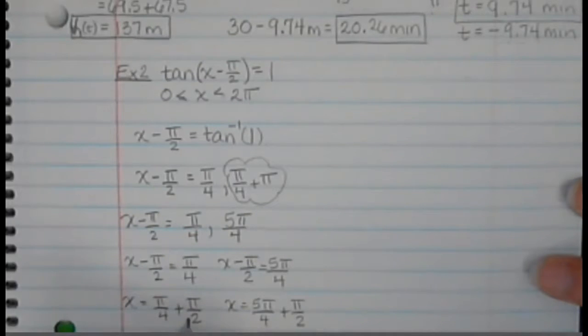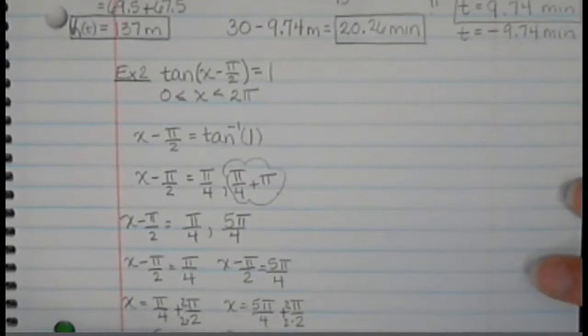Get the common denominator of 4. That gives me 3 pi over 4, and over here it gets me 7 pi over 4. So these two answers are my solution. Both of them are inside of 0 and 2 pi.